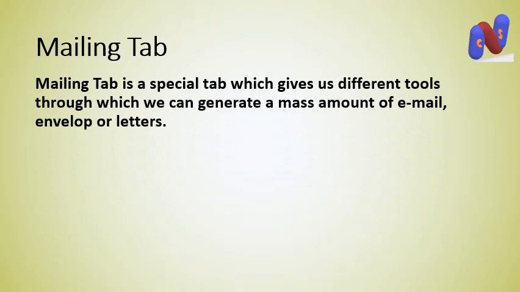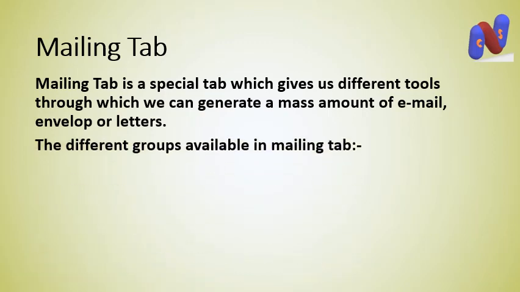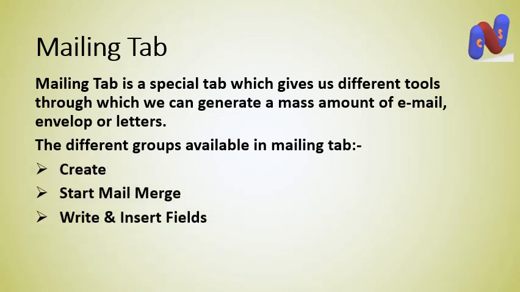Now mailing tab. Mailing tab is a special tab which gives us different tools through which we can generate a mass amount of email, envelopes or letters. The different groups available in mailing tab are create, start mail merge, write and insert fields, preview results, and finish.